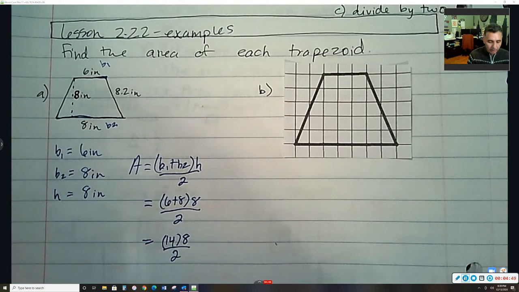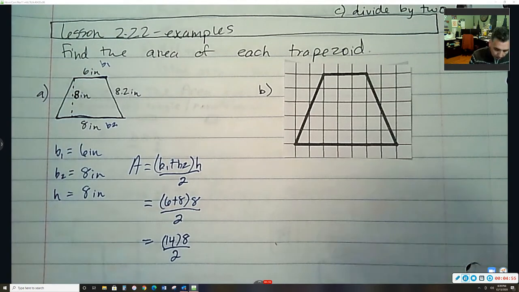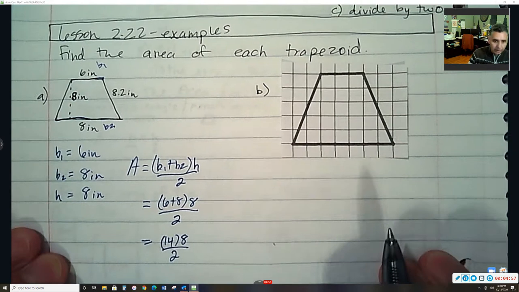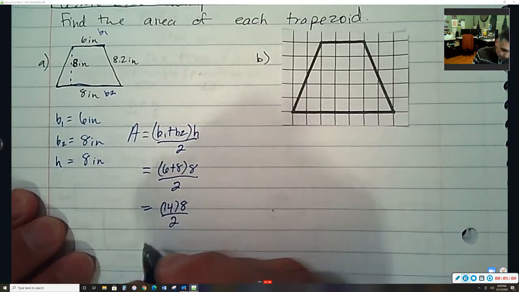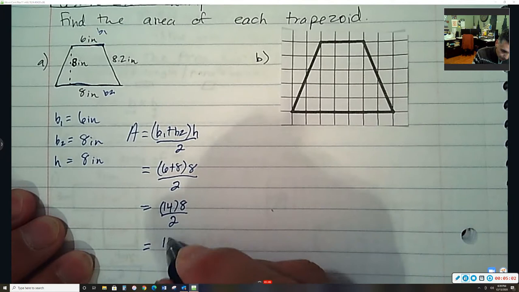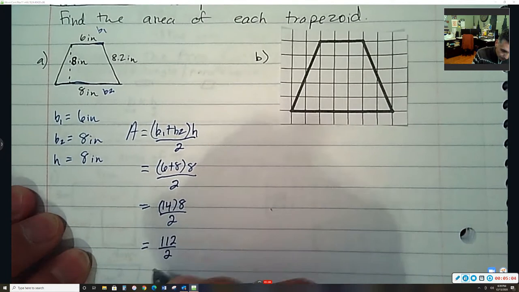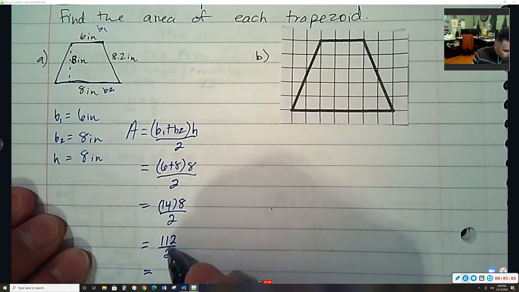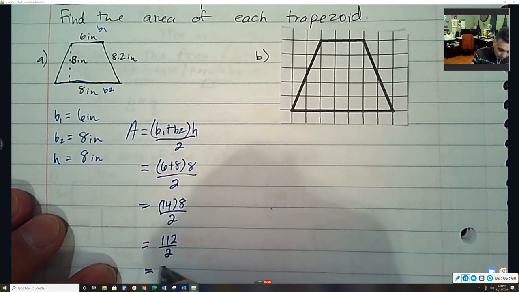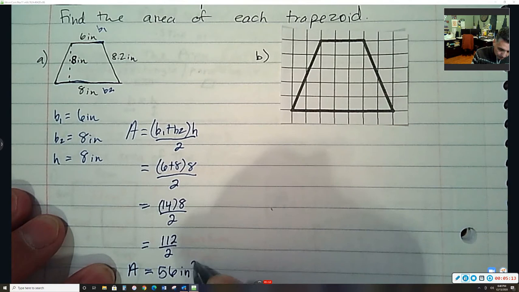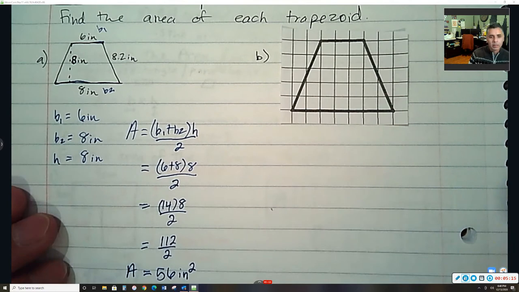And then after you add the two bases, you want to multiply by the height. So 14 times 8 is, let me lower this, 112. And then the last thing you want to do is divide it by 2. So 112 divided by 2 is 56. Okay? And then this was inches, and remember, area is always inches squared.